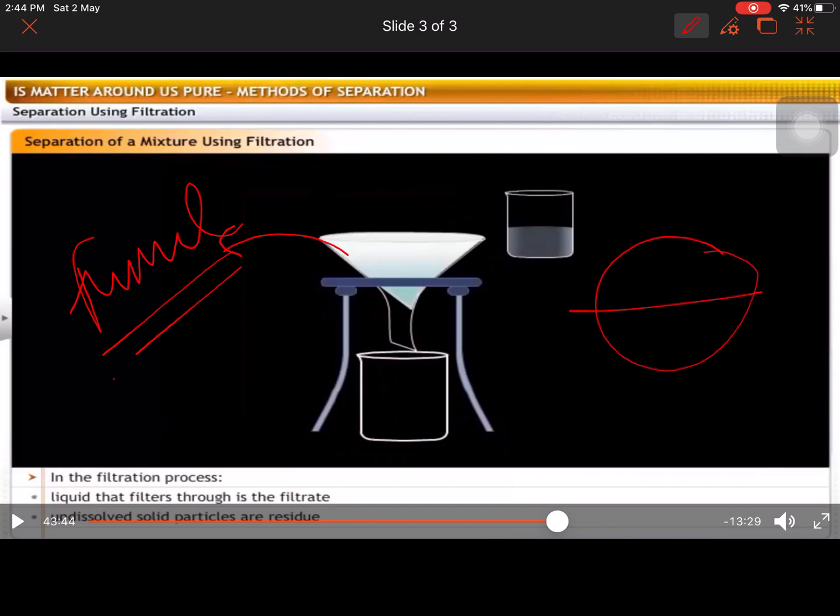Filter paper is folded, first in half, then in quarter. You just fold it, it becomes like this, and then unfold it and apply it to the funnel. As you pour this solution onto the filter paper, you get the liquid in this beaker.